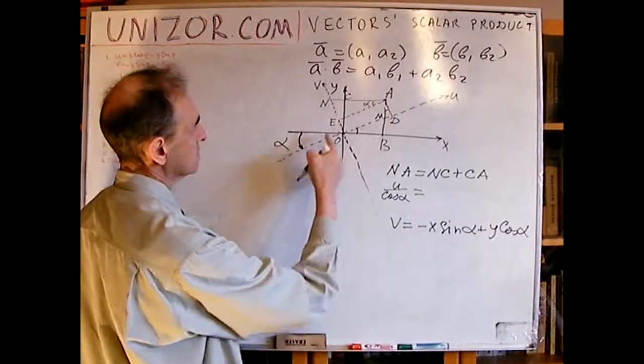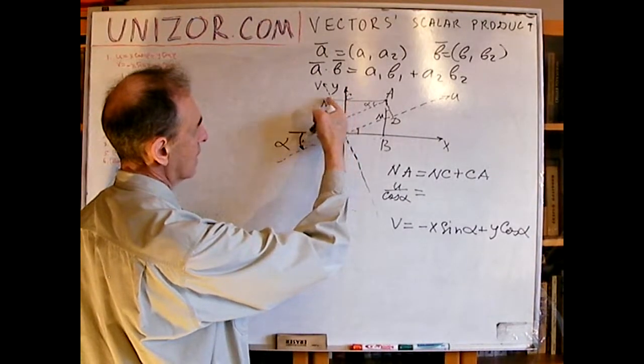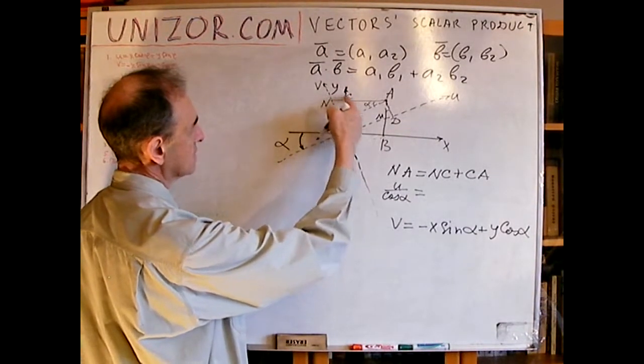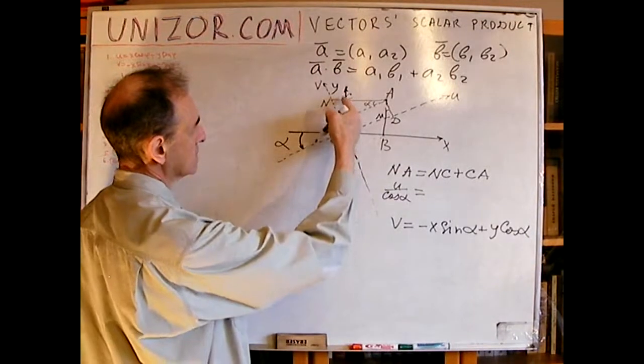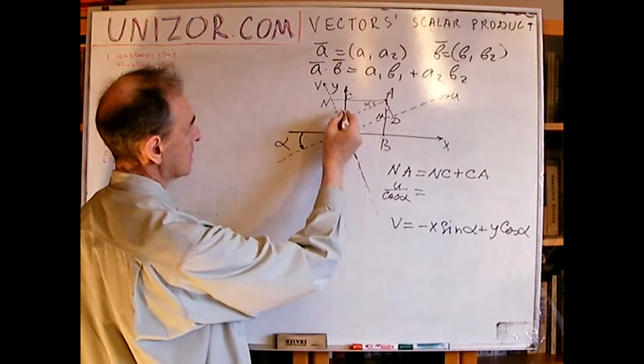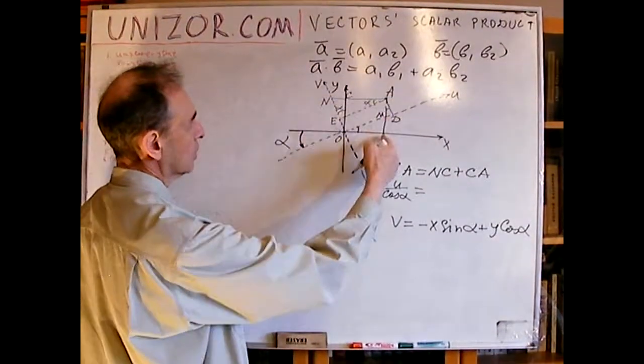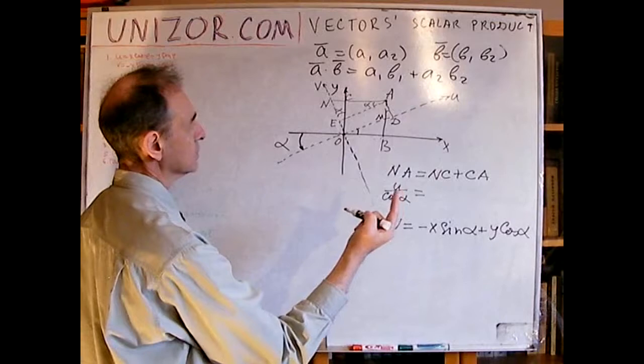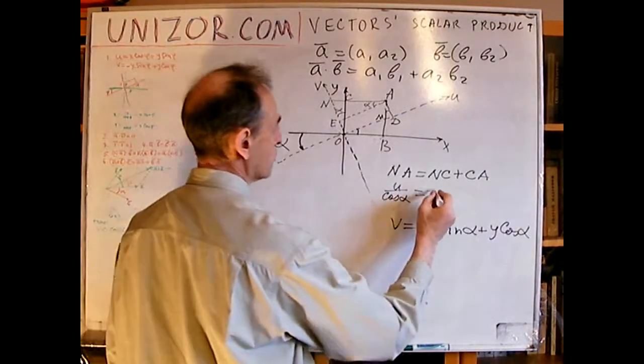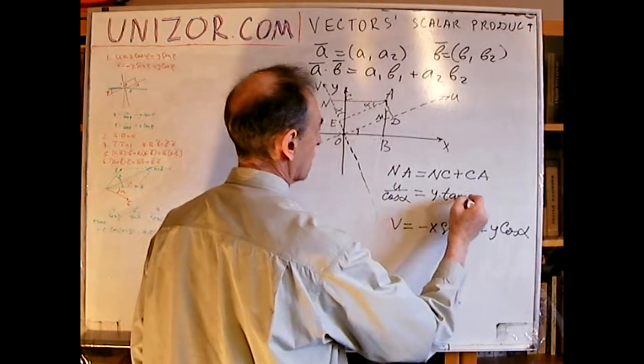NC. What's NC? NC is a cathetus in NCO. CO is another cathetus, and this angle again is alpha. So CO is equal to the ordinate in the old system, which is y. So it's y times tangent alpha.